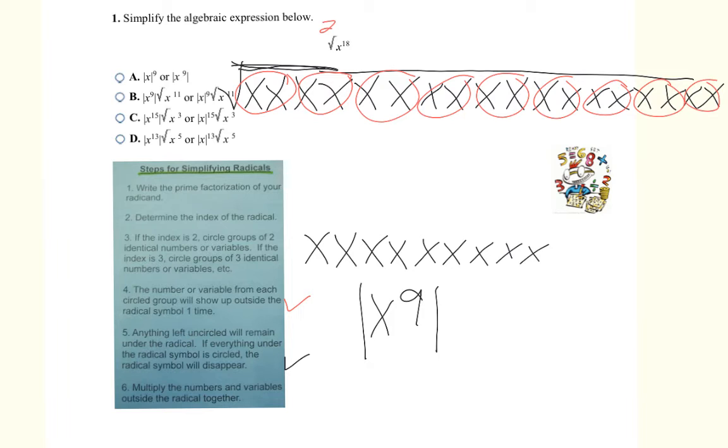And so I go up here to my choices, and A is going to be my final answer. Whether you put the exponent inside of the absolute value or outside, it doesn't matter. Both are equivalent no matter what. So either way of writing your answer is acceptable, and so that's why A has both.